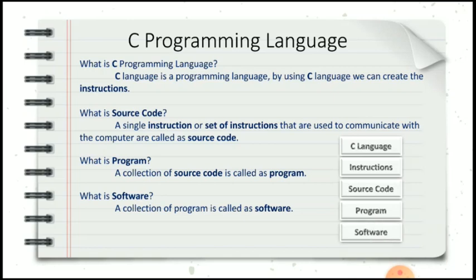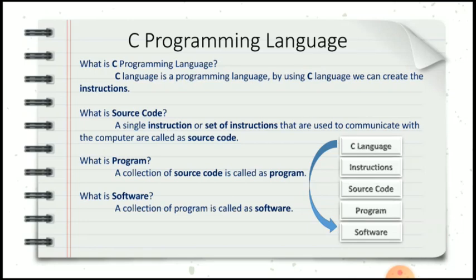Then a set of programs can be used to create software. Softwares are used to tell a computer what to do by using instructions. Examples of softwares are Microsoft Office, Google Apps, Adobe Photoshop, web browsers like Google Chrome, Firefox, Safari, etc.